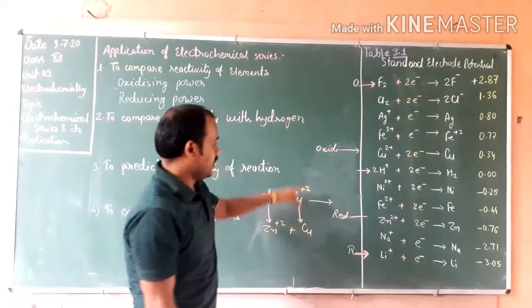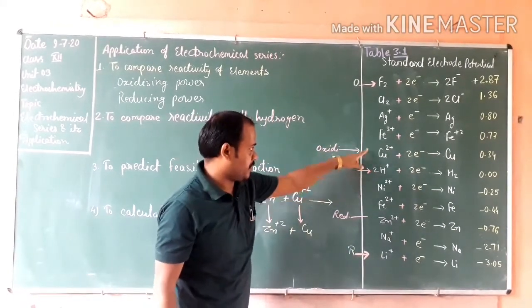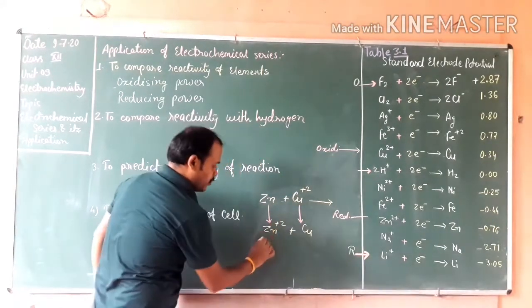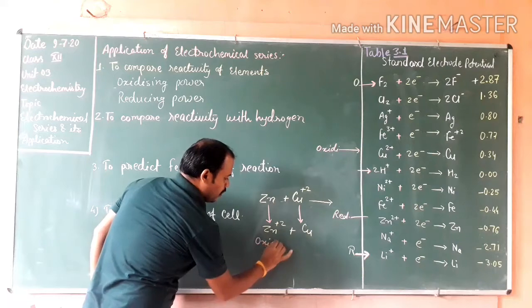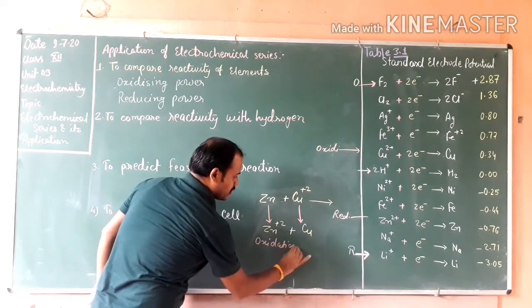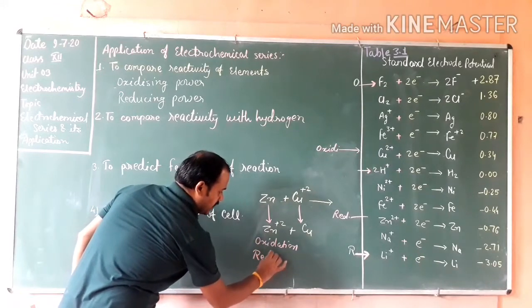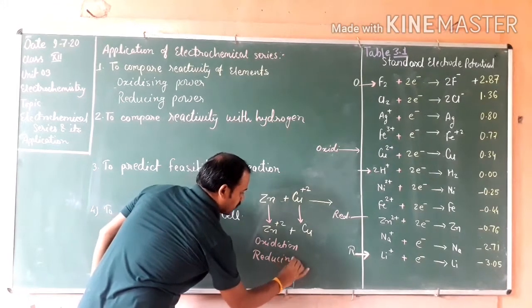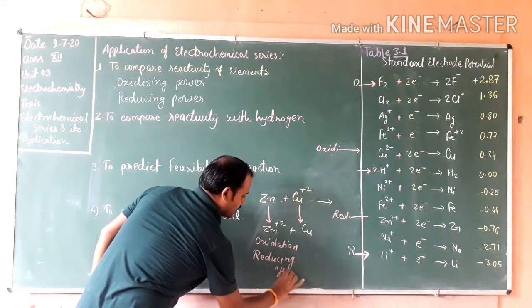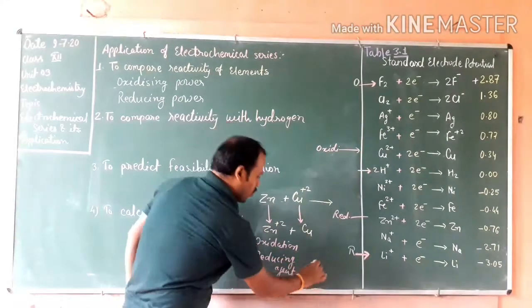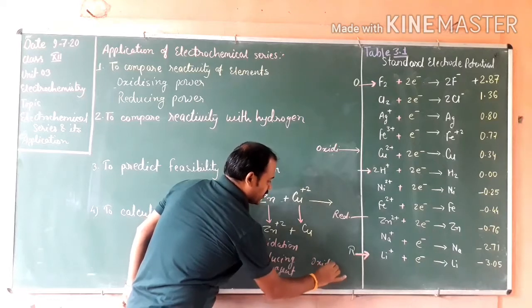Okay, because here, between copper and zinc, zinc is undergoing oxidation. It means zinc is the reducing agent, and copper, which is undergoing reduction, is the oxidizing agent.